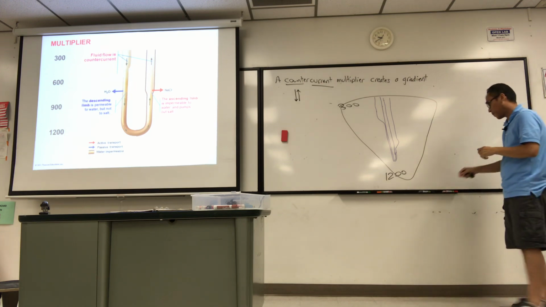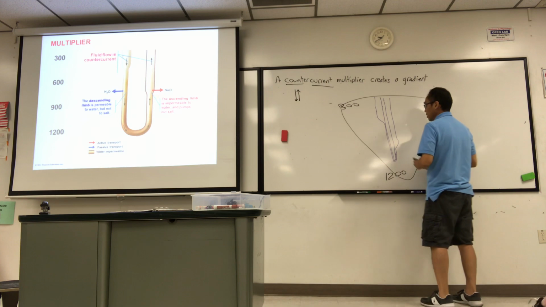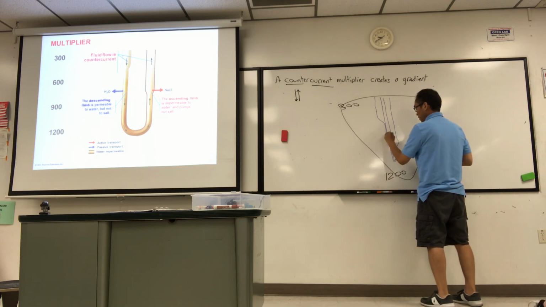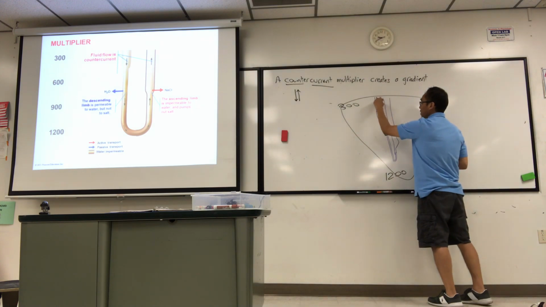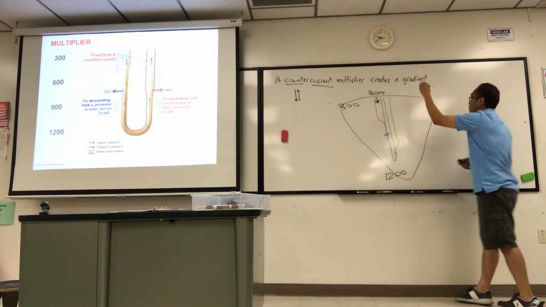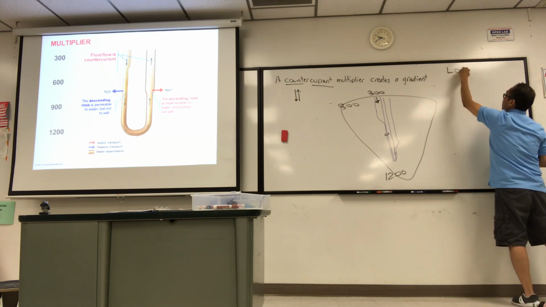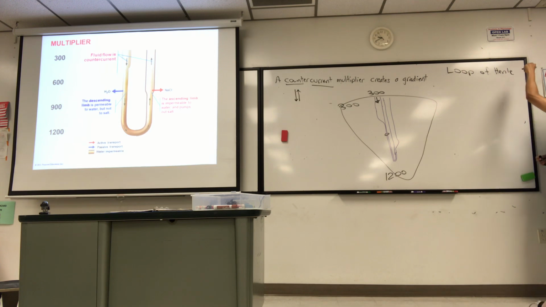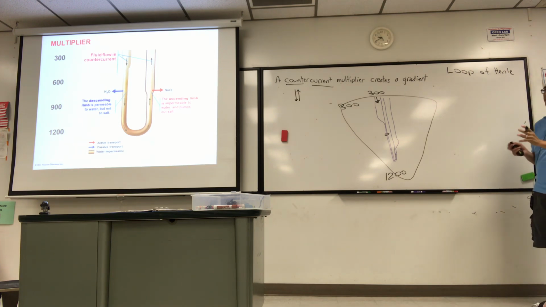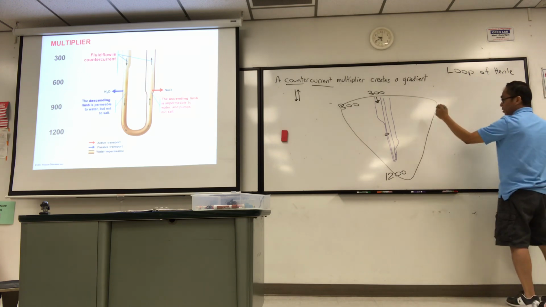The one we're concerned about is this one. That's the thin descending limb. Filtrate's coming in at a concentration of 300. You just left the PCT, you're going down the loop, coming in at 300.